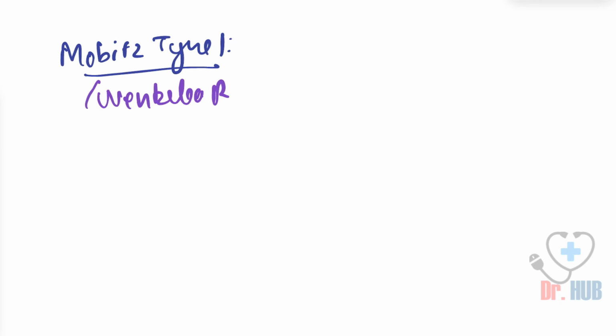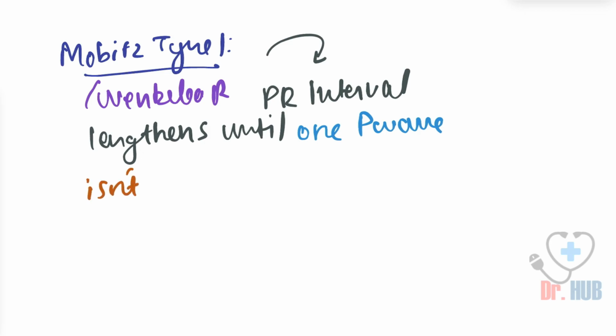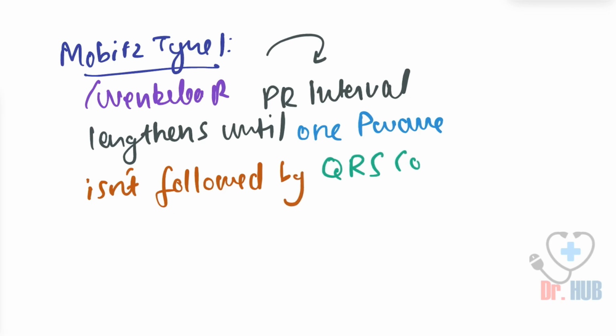In terms of the Wenckebach, the ECG finding is that the PR interval lengthens until one P wave isn't followed by a QRS complex. This is very important to note.